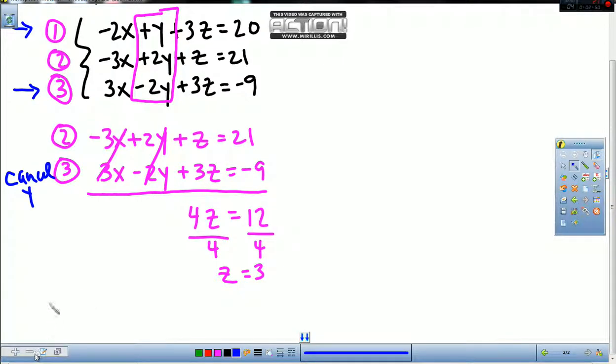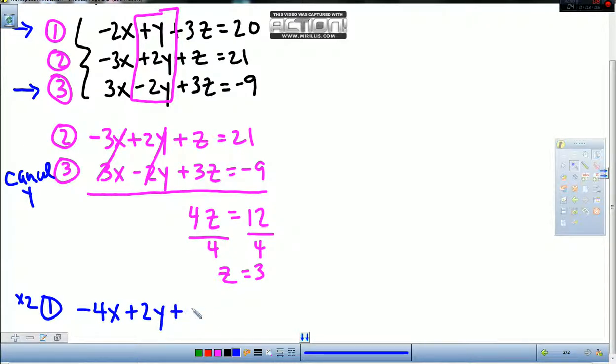Equation number 1, I said I was going to multiply by 2, so that will be negative 4x, positive 2y, positive 6z equals 40. Let me double check that carefully. I'm multiplying equation 1 by 2, so negative 4x, positive 2y, positive 6z equals 40.